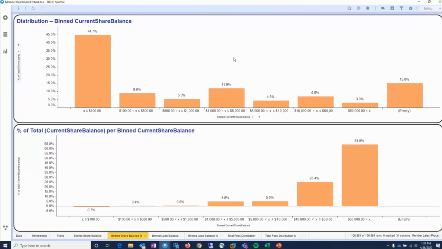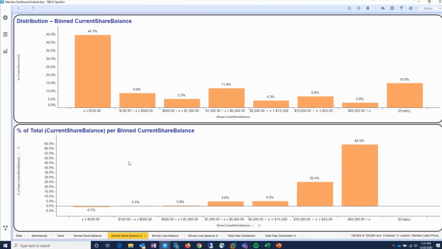If you look at it in terms of percentage, you can take each member and put them into a bucket: this member has between $100 and $500 total shares, between $500 and $1,000, $1,000 and $5,000, and so on and so forth. And you can say, for this particular credit union, the number of members who have over $50,000 in shares is 3%, right? So 3% of the members have over $50,000.